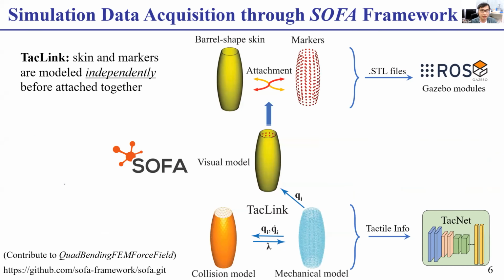For collecting the skin deformation data, we use the FEM-based SOFA simulation tool to model the soft skin with accurate material properties using a calibrated mechanical model. And this visual model with embedded markers is utilized for virtual image rendering based on Gazebo.